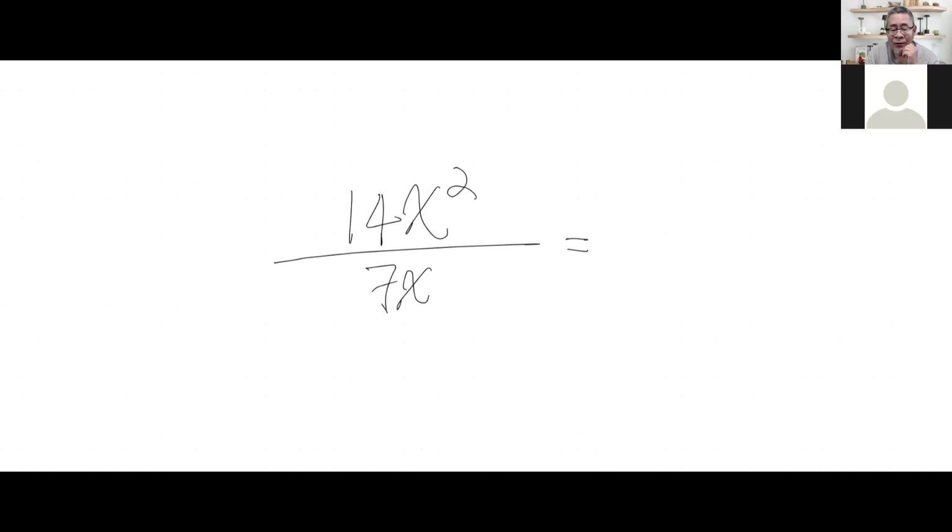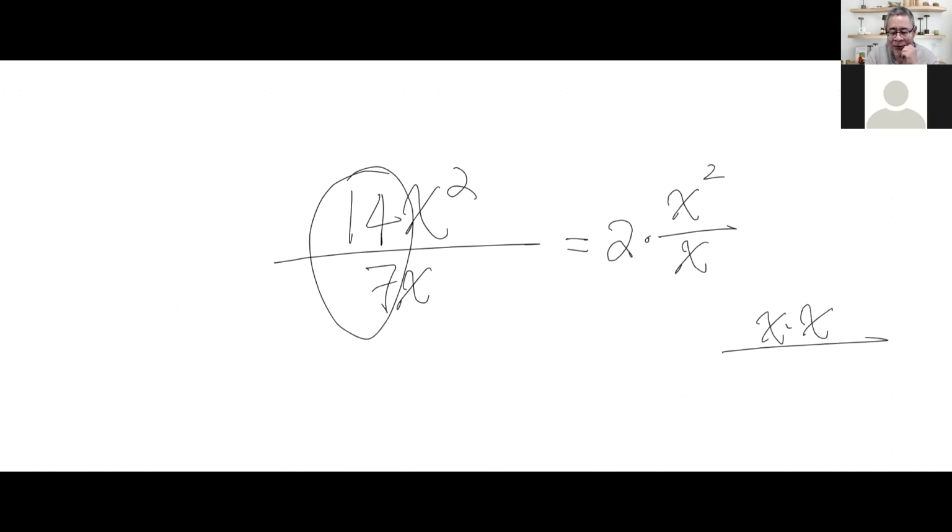Well, now we know 14 divided by 7 is 2. That's good. Then x squared over x. What's that? Well, x squared is just x times x. Now both divide by x. So that got canceled. Then we got 2x.